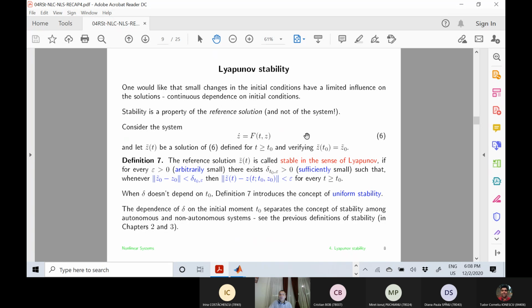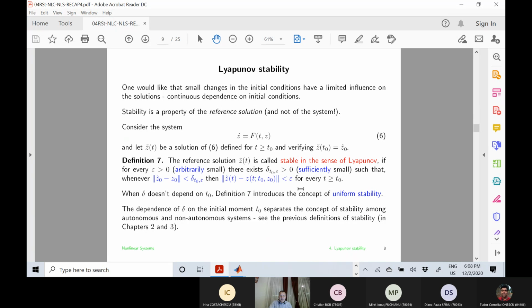It's an autonomous system, right? So the difference of the concepts is quite consistent. Stability in the sense of Lyapunov is stability with respect to a reference solution.